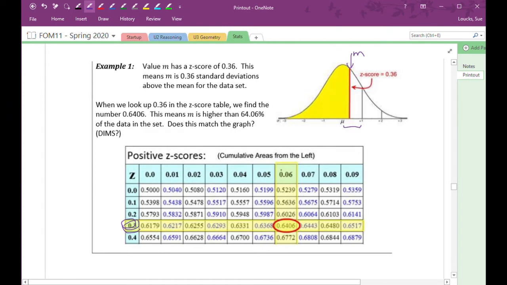And then this is the 0.06. So you find the intersection of this. So this cell right here represents the Z-score of 0.36. And this number is 0.6406, which equals 64.06%, because it's a percent as a decimal. So you're just going to multiply it by 100 to make it into a percent.